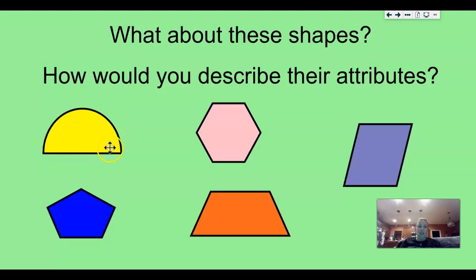It has one side here, but then there's no side there. There really aren't corners exactly because these are rounded edges. So we would say this doesn't have any corners, but it has maybe one side. So this is our half circle.